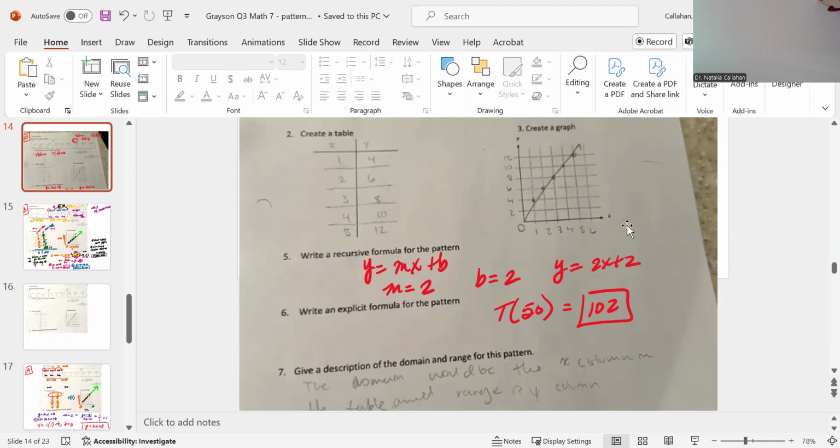And when you go ahead and draw this, 1 is at 4, 2 is at 6, 3 is at 8, 4 is at 10, 5 is at 12, so it looks something like this. Linear, correct?